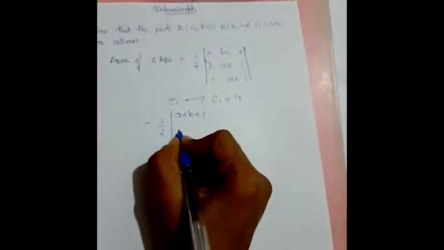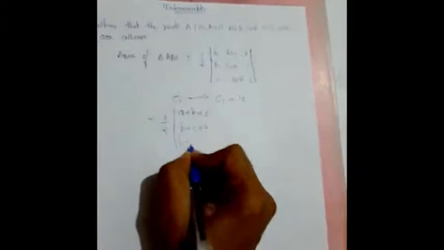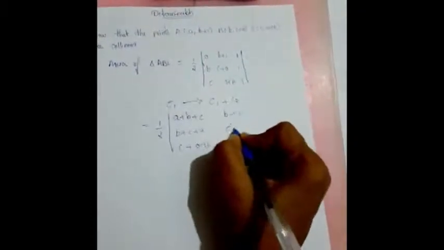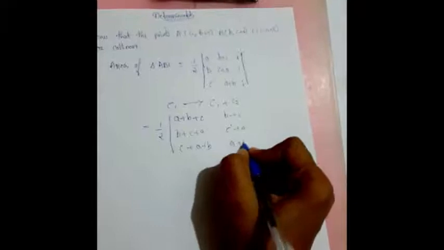Next, the second column is b plus c plus a. Here it is c plus a plus b. That is nothing but a plus b plus c, all the same. The second column is the same. Only we have to change column 1.